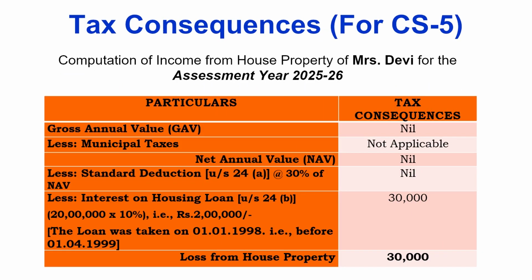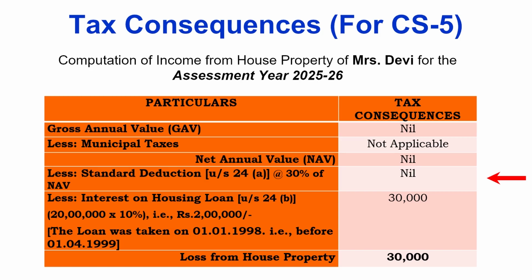Here, gross annual value will be nil. Municipal taxes won't be eligible for deduction, so net annual value will be nil. Now we will deduct standard deduction under section 24(a), that is 30% of net annual value. It is here nil.